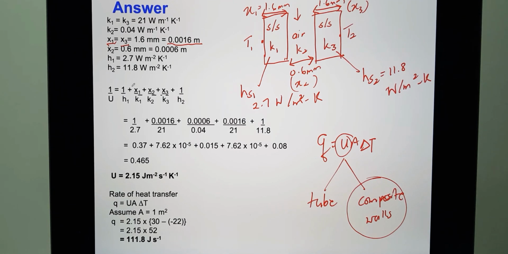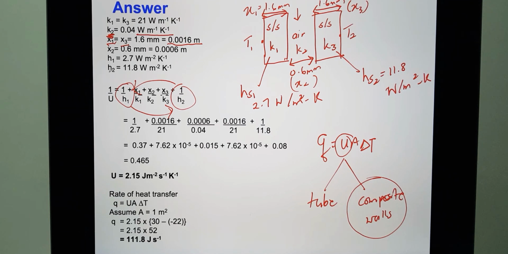However, the location of HS1, HS2 doesn't matter whether you put it at the front or at the back. It's up to you because this is just a matter of plus. So the answer will be the same, but you need to make sure that you put the correct value into the correct denotation. For example, do not miss out this particular K. For K, the unit is watt per meter Kelvin.